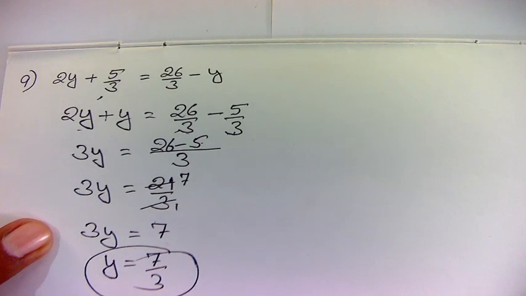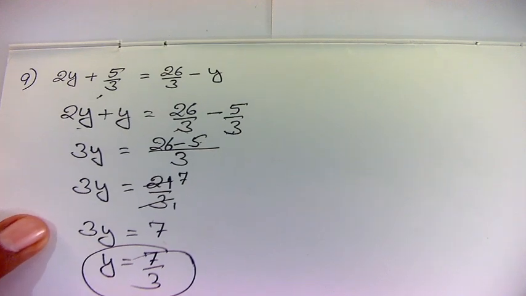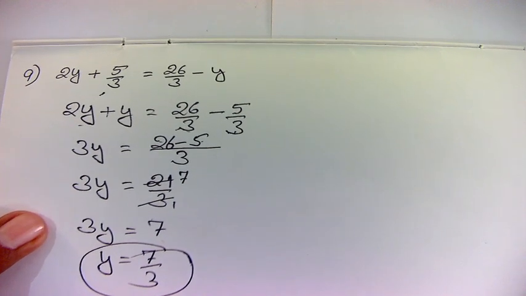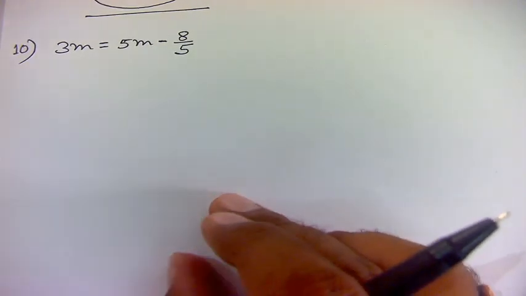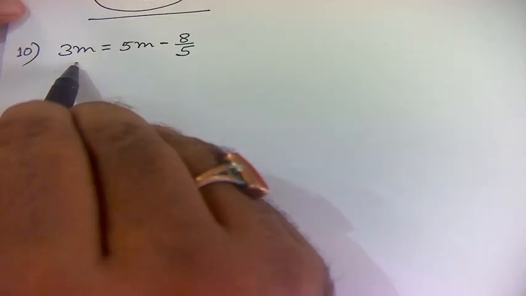So this is the solution of this equation, and verification part that you do it yourself. Meanwhile, we'll move towards 10th question, the last part of this exercise. 3m is equal to 5m minus 8 upon 3.